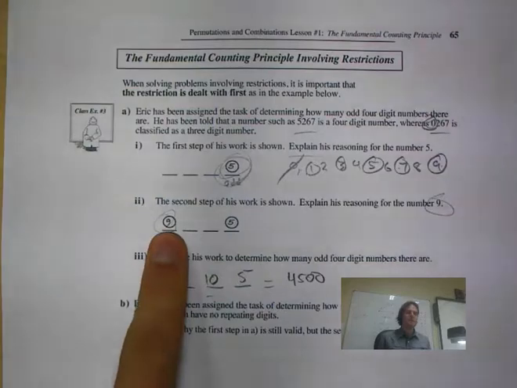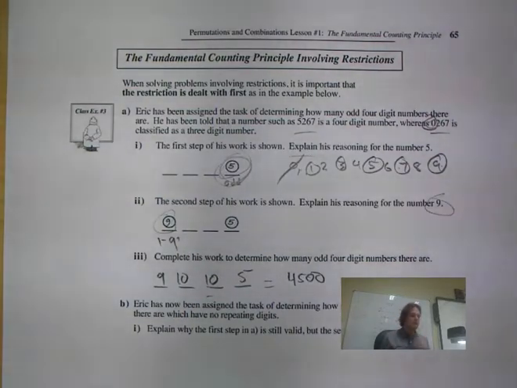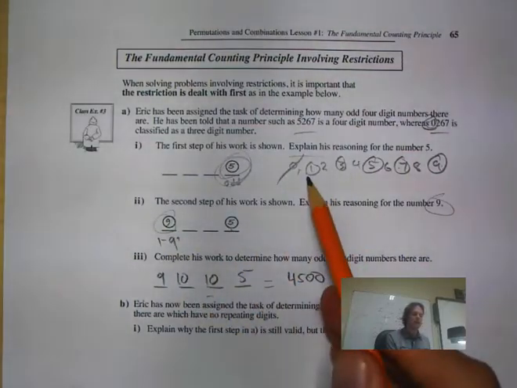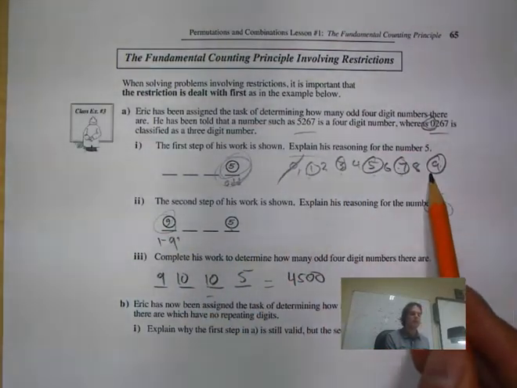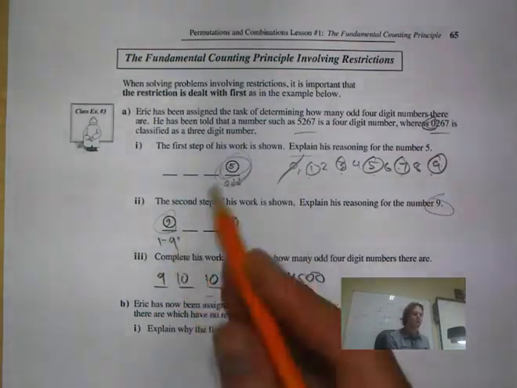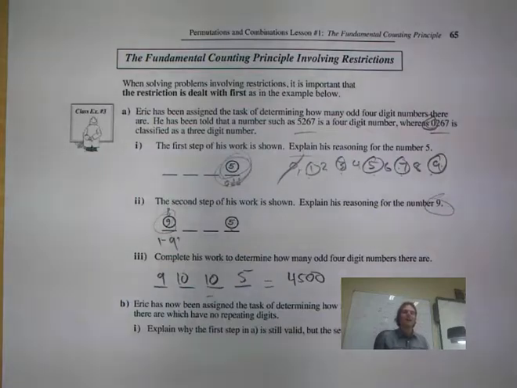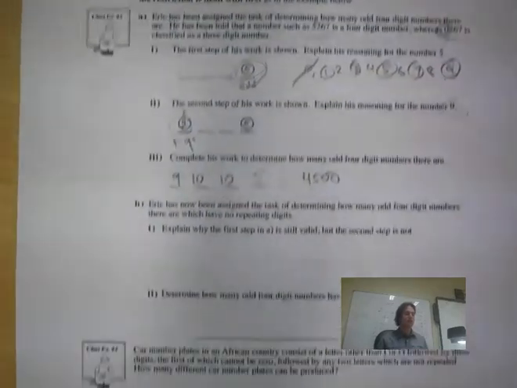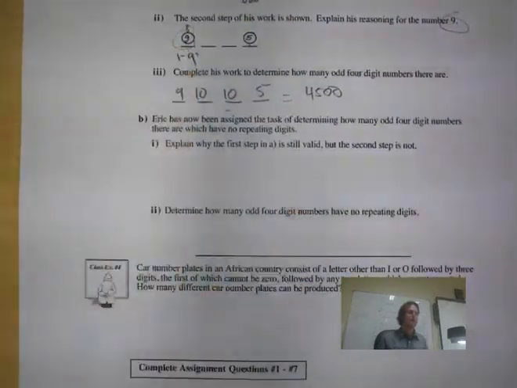But now step B, it says is not correct. Why? Because if I use an odd number here, any of these 5, 1, 3, 5, 7, or 9, that means I can't use 1, 3, 5, 7, or 9 there. So in here, I really only have 8 digits to choose from, because whatever is used here cannot be used there. So that is why step B is wrong.